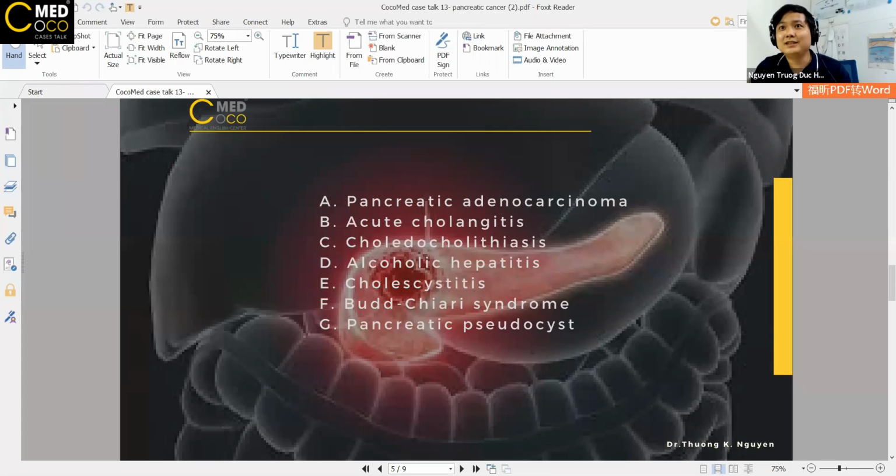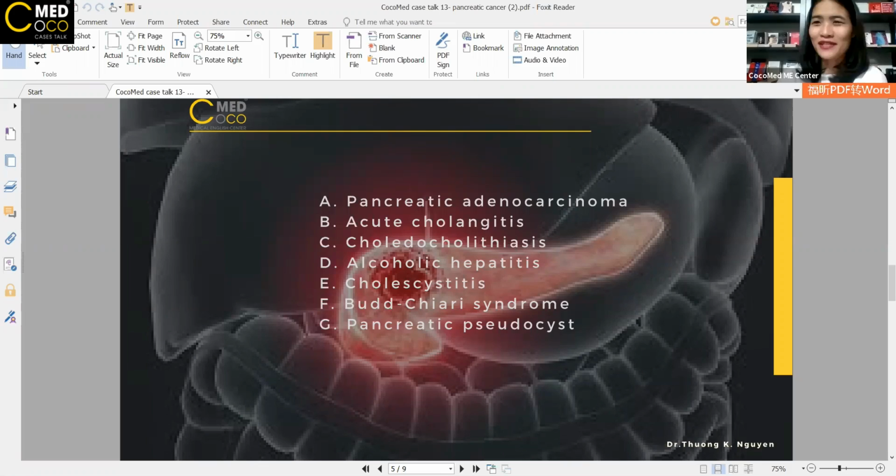Actually, in this case, because we have to choose from these answers, pancreatic adenocarcinoma is the closest. But actually in clinical practice, there are other diagnoses like this. For example, I saw some patients with Vater carcinoma.